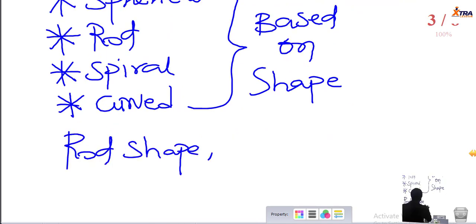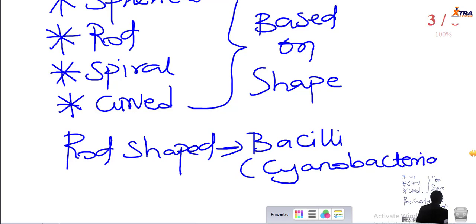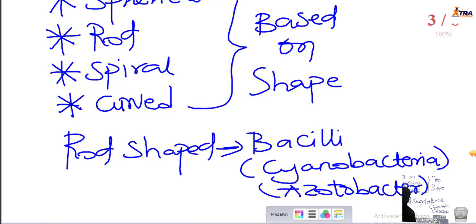A good example of bacteria that exhibit this is the genus we call cyanobacteria. They are rod shaped. Even your nitrogen fixing bacteria, the Azotobacter genus, is also rod shaped.